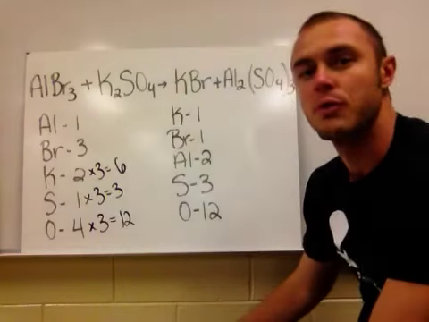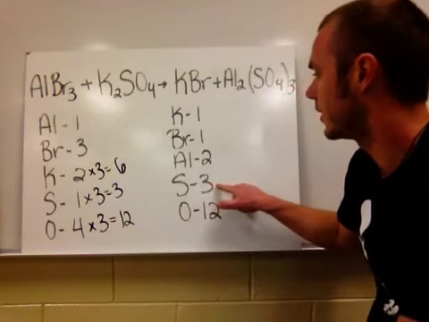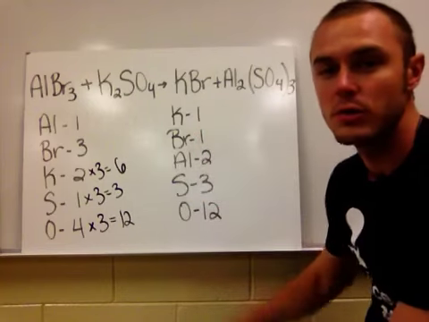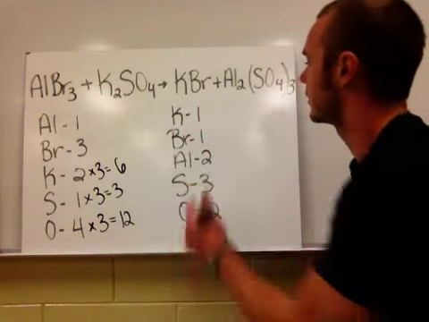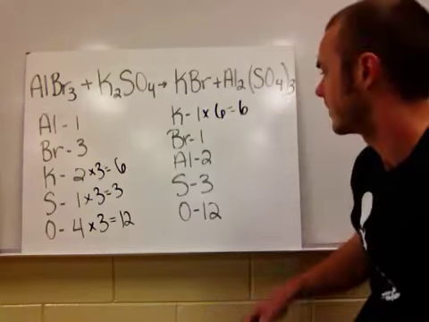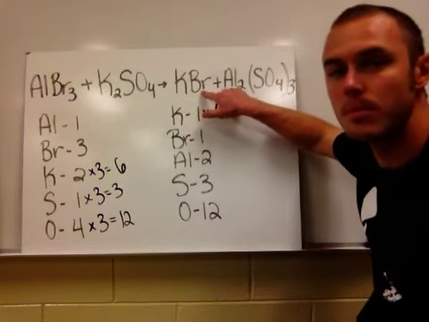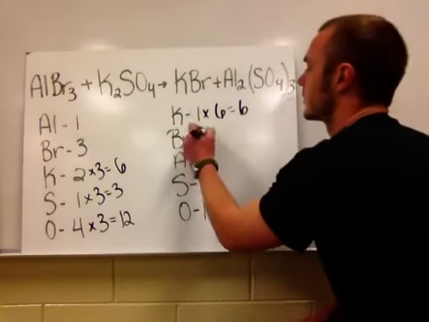All right, let's recount our atoms. 12 and 12, 3 and 3, 6 and 1. So let's go to our potassiums, our Ks. 1 times what equals 6? Like that. This K is here, so because this bromine is attached to it, I have to multiply this by 6.